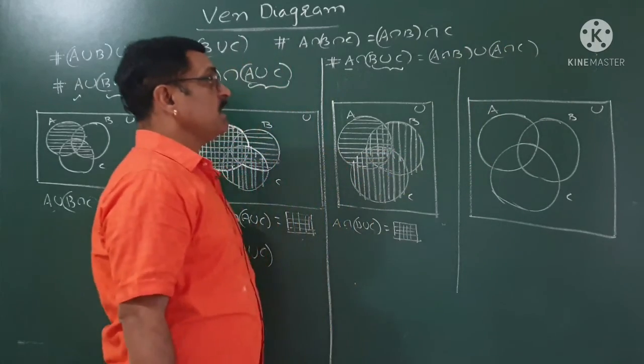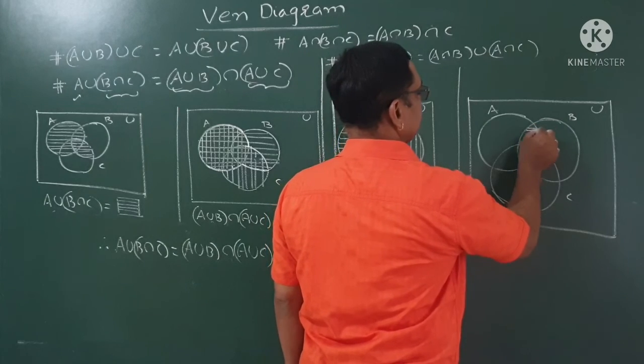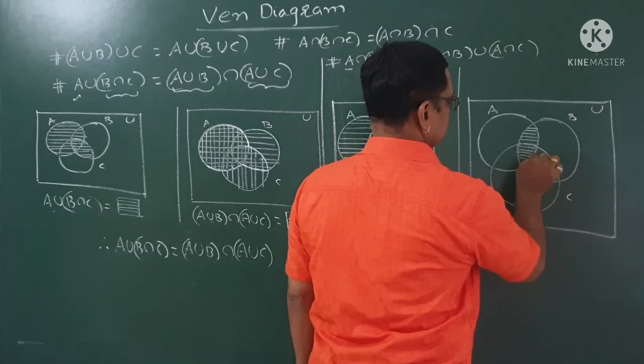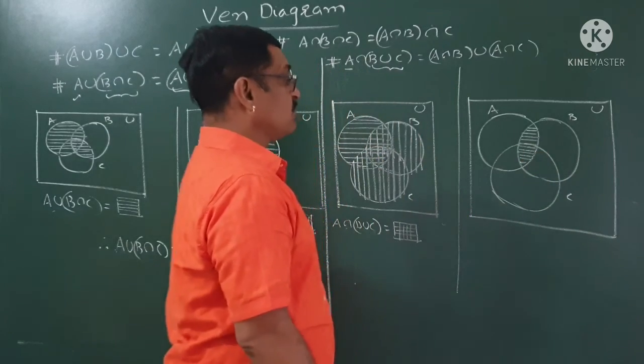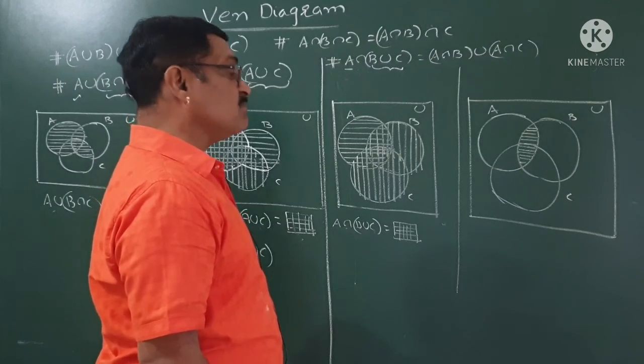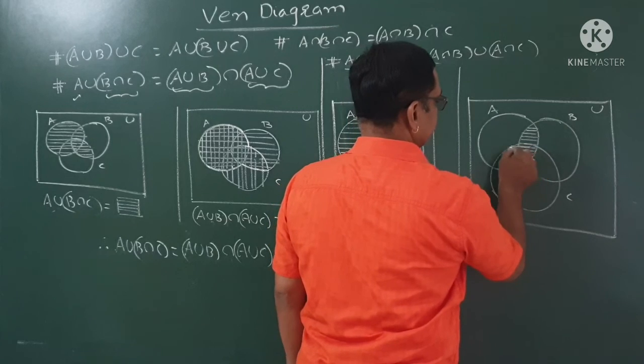So first I focus on A intersection B, which is a common part. Next one, A intersection C. I need to use same lines for A intersection C also.